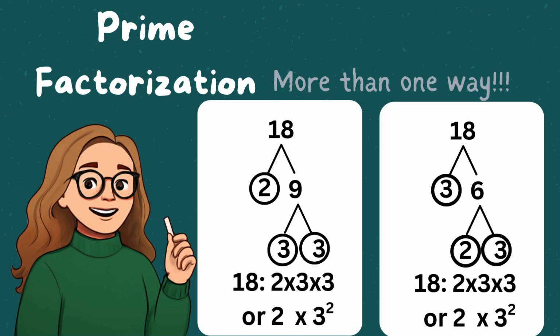One difference you may note is that the order of the numbers is different, but that's fine. When we write prime factorizations, we write them in numerical order. That means we write them from smallest to largest. So 2 times 3 times 3, or 2 times 3 to the second power.